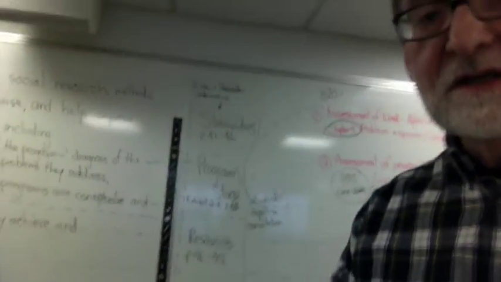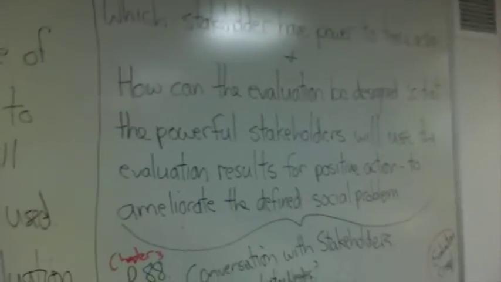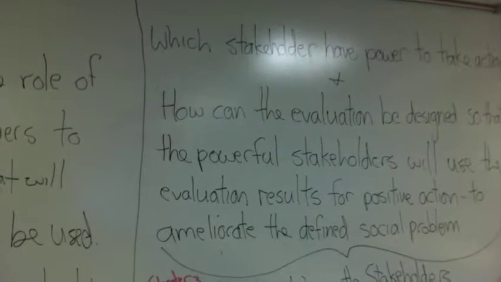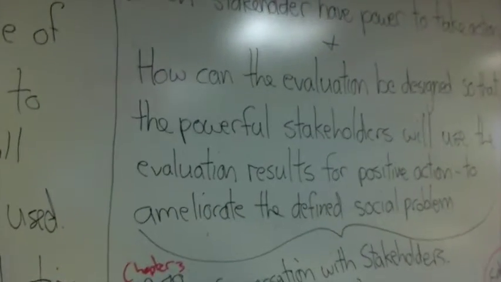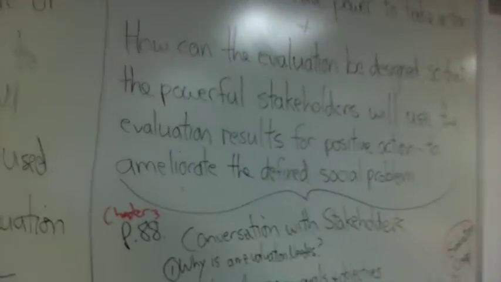And so this takes us back to this notion that I had over here. How can the evaluation be designed so that the powerful stakeholders will use the evaluation results for positive action to ameliorate the defined social problem?